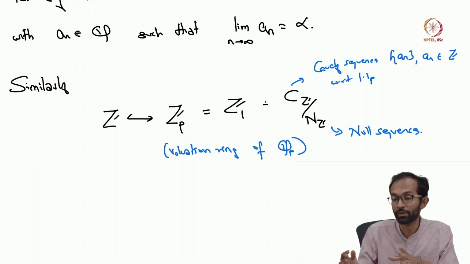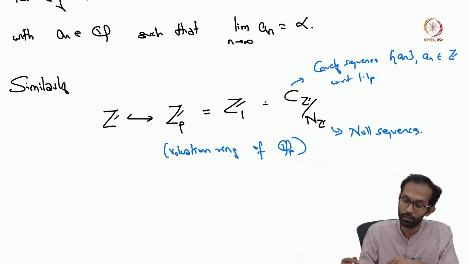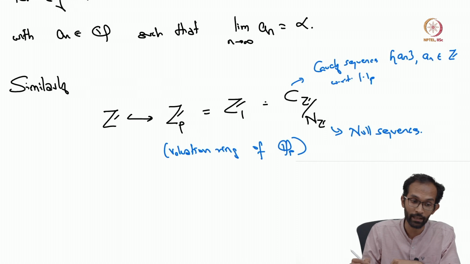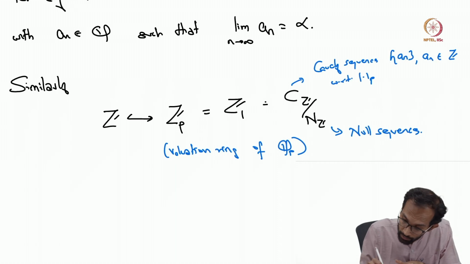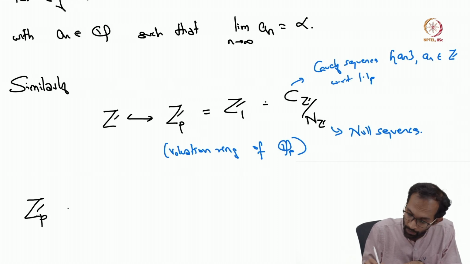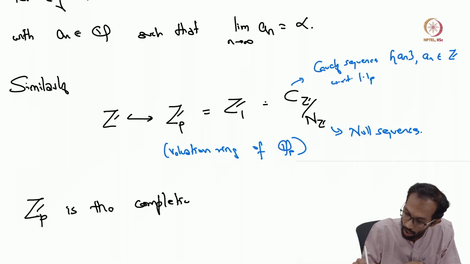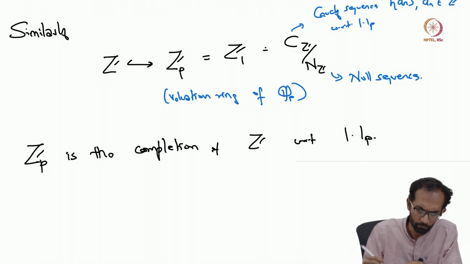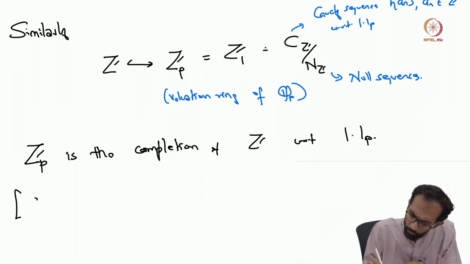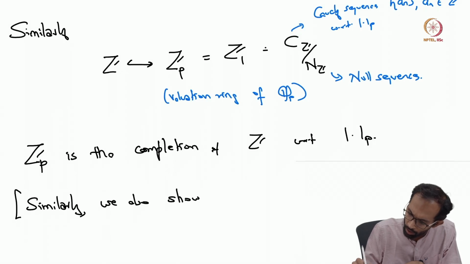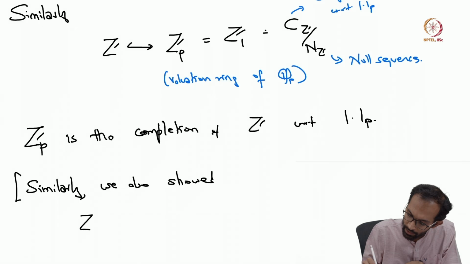So you see that this mirrors the construction of Q_p by completing Q with respect to the p-adic absolute value. Similarly, Z_p is the completion of Z with respect to the p-adic absolute value. And if you recall what we also showed, we had this other ring, Z localized at p, the DVR.